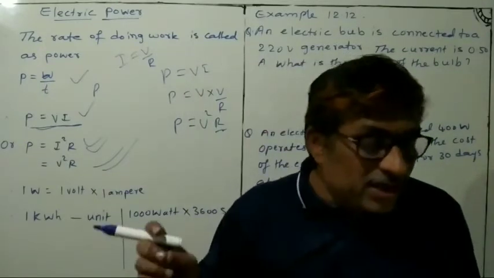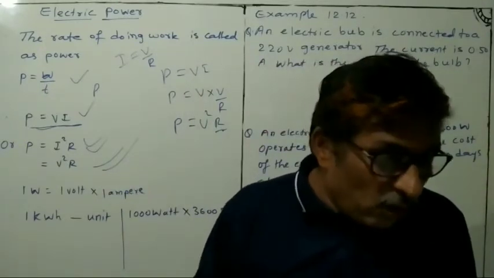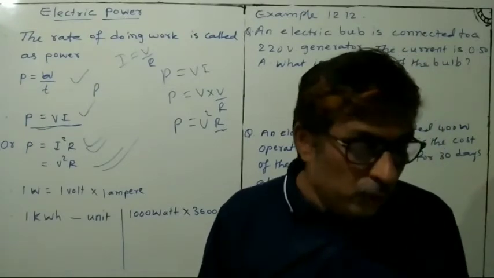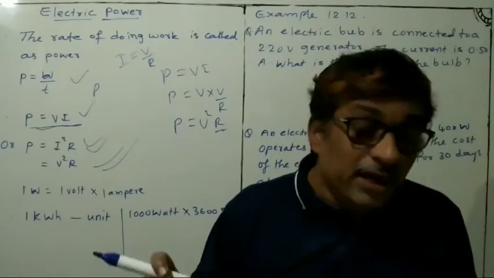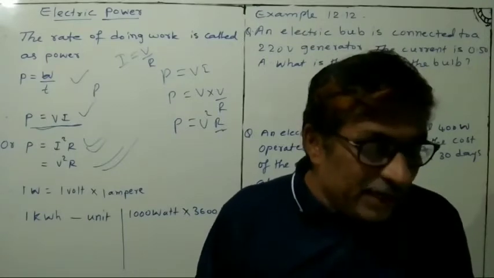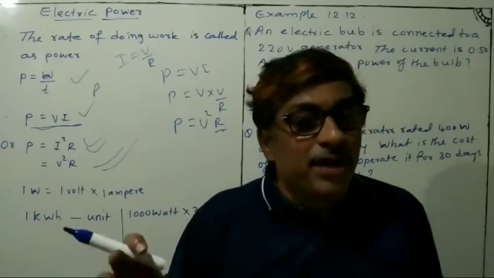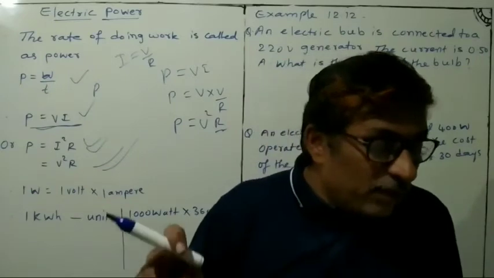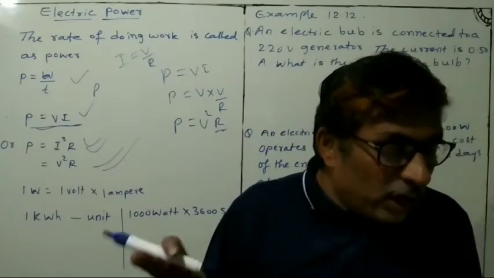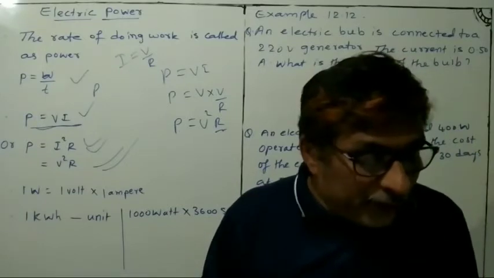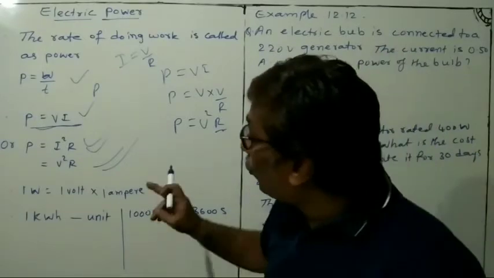So dear students, the SI unit of electric power is watt, W. It is the power consumed by a device that carries 1 ampere of current when operated at a potential difference of 1 volt.